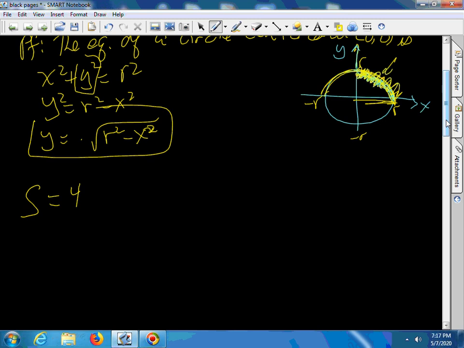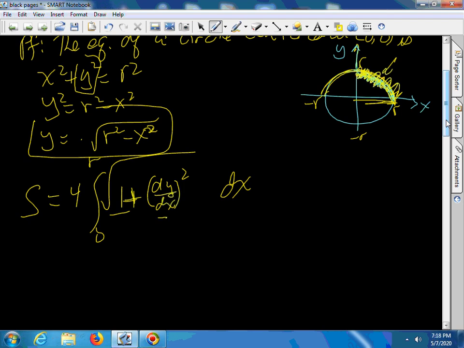I'm going to calculate the arc in the first quadrant using an integral. It's going to be the square root of 1 plus (dy/dx) squared, times dx, and x is going to go from 0 to r. Well, I know where 1 is, I know where plus is. Now, I need to find out what dy/dx is. So we'll do that right here.